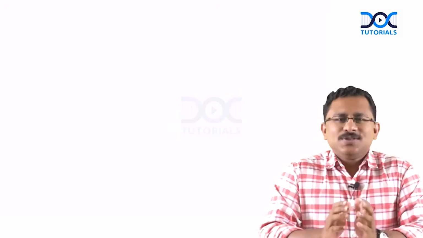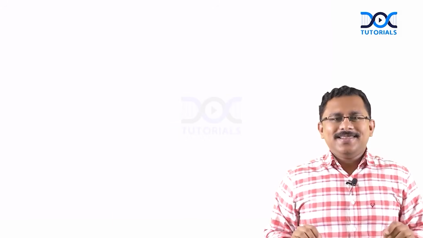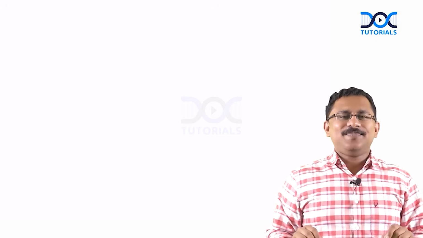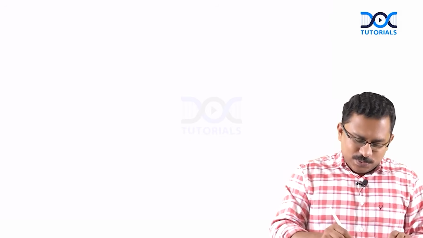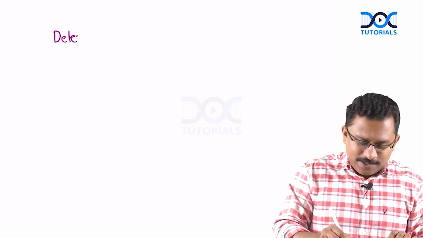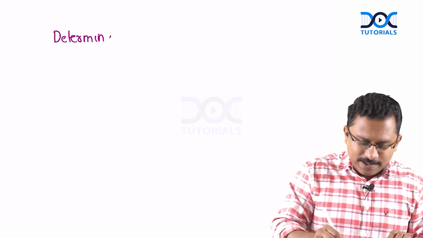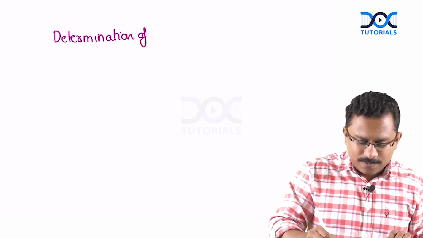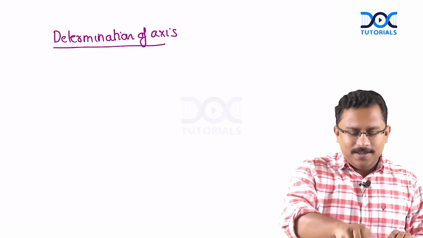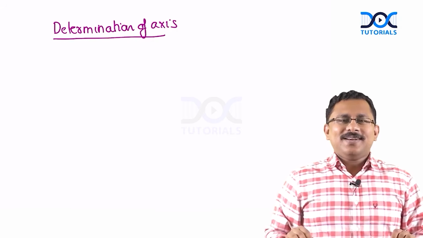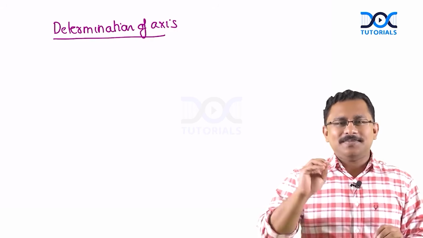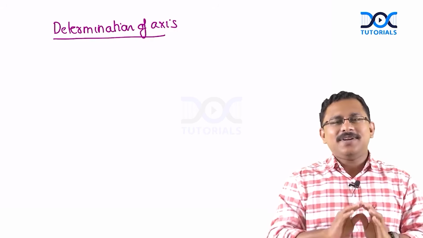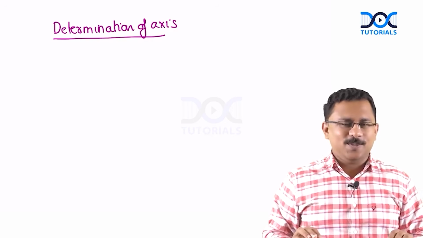So the next step in the interpretation of ECG is axis determination. First of all, let's try to understand what is this term axis, and after that we'll move on to axis determination.